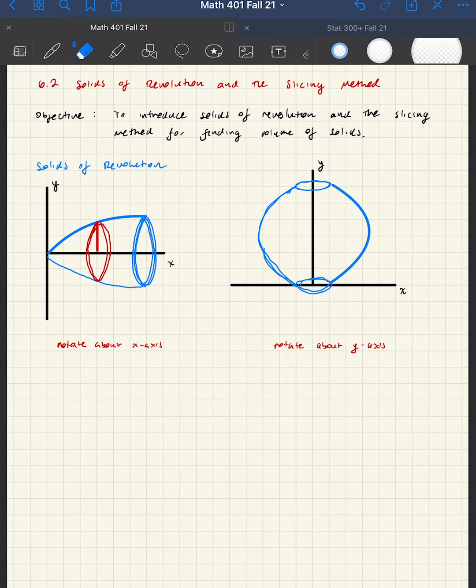So the first one looks kind of like a spinning top, and the second one is kind of like a vase. So you'll see that in the second example, the difference, aside from the fact that it's being rotated about the y-axis, is that the end caps are full circles, but everything inside is solid.